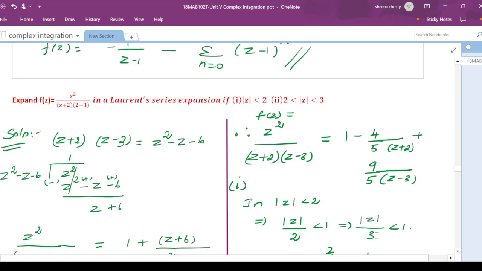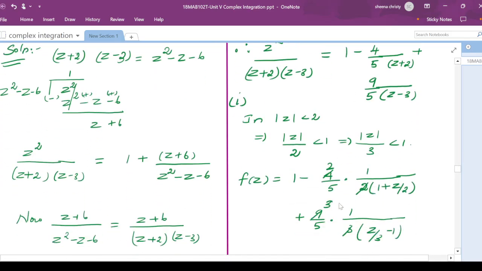Now apply this region to the separated terms. In the first term, if you want to apply this region, you have to take 2 outside. That gives you (1 plus z by 2). In the second term, you have to take 3 outside, which gives you 9 by 5 into 1 by 3 into (z by 3 minus 1).